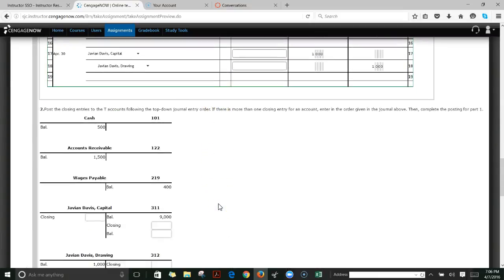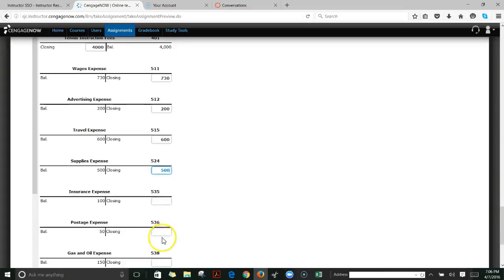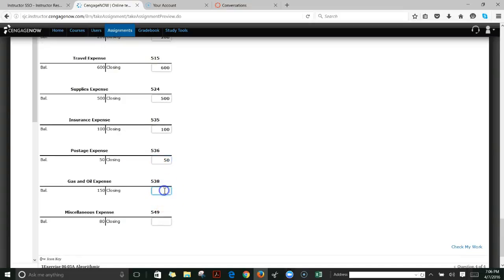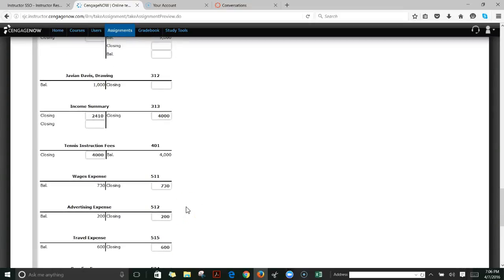So the next one is wages expense. And to close it, we credit it for $730, and it's account 511. And I'm going to go ahead so we don't scroll so much and close each of those. Okay, and so then we just need to go up and put our account numbers.